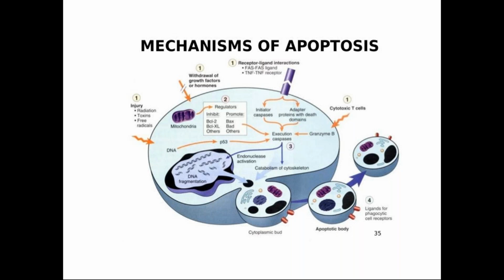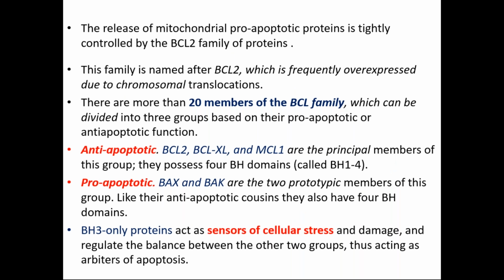So the major mechanisms of apoptosis are the intrinsic pathway and the extrinsic pathway. Any injury like radiation, toxins, or free radicals affects the mitochondria. The release of these mitochondrial pro-apoptotic proteins is tightly controlled by the BCL2 family of proteins.